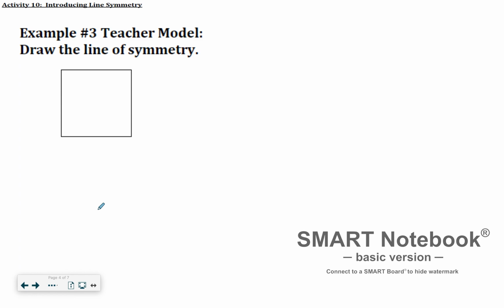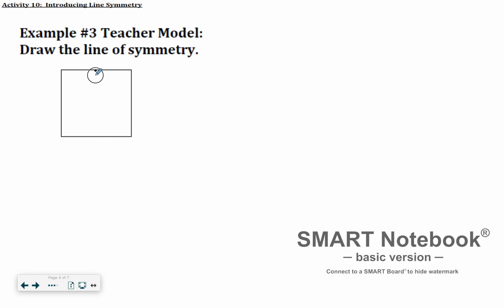Example 3, teacher model. Draw the line of symmetry. Now we are going to draw a line of symmetry. Our lines might not be perfect, but they should be very close. Drawing a line of symmetry means we are drawing a line that cuts the image into two matching parts. For this shape, I could draw a line right down the middle to create two matching parts.